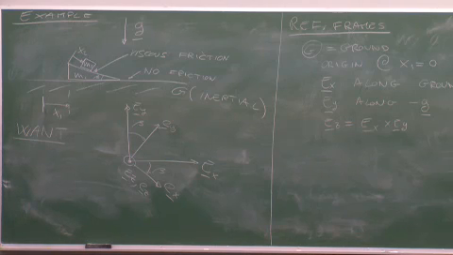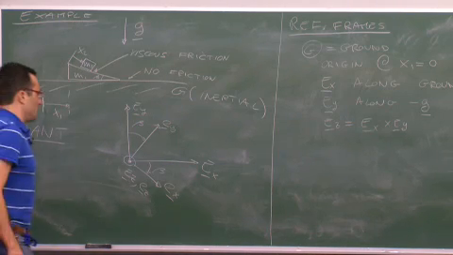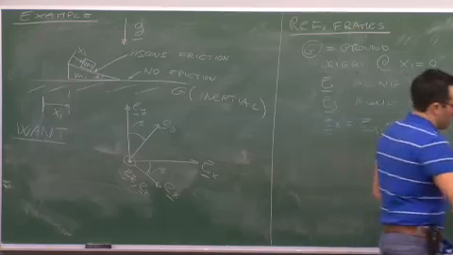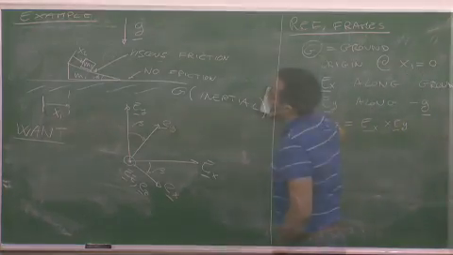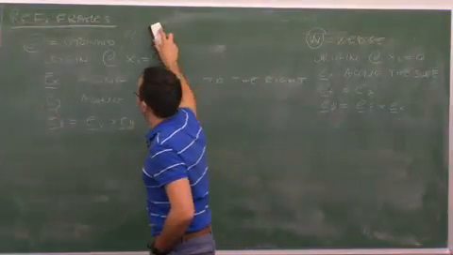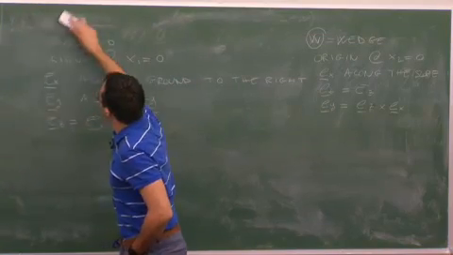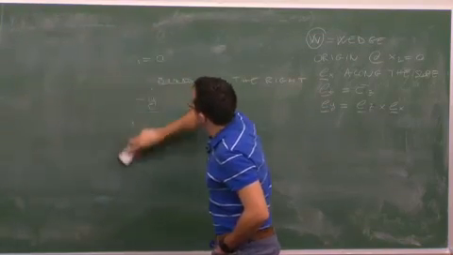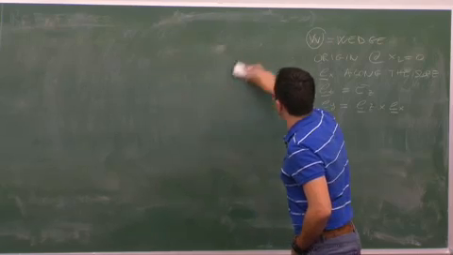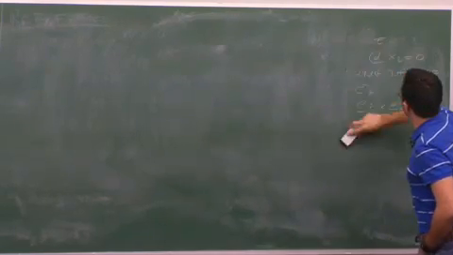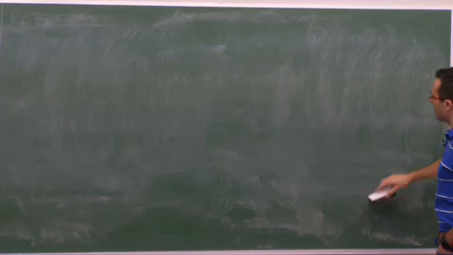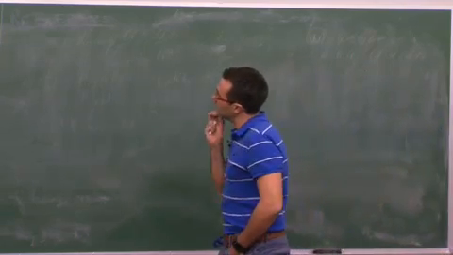Okay. I have these two coordinate systems, reference frames and coordinate systems. Now, kinematics. Forget about the block. Let's do one piece at a time. Let's do the wedge.